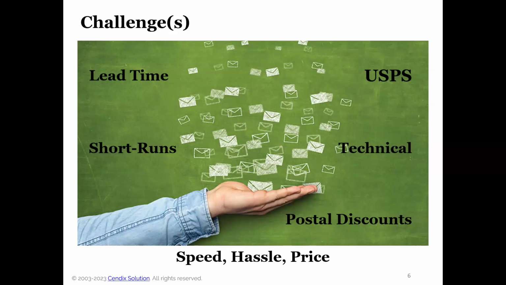But that all requires a very expensive piece of software that's out of the reach of most small to medium mailers. And even if you could reach the software, it's also very technical. So you might not want to do that for a mailing you're going to do once a week or even once a month. So these create barriers of sorts. The idea of speed, hassle, price, those are the obstacles that keep more people from using direct mail.